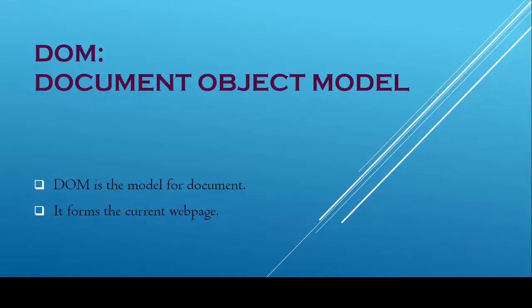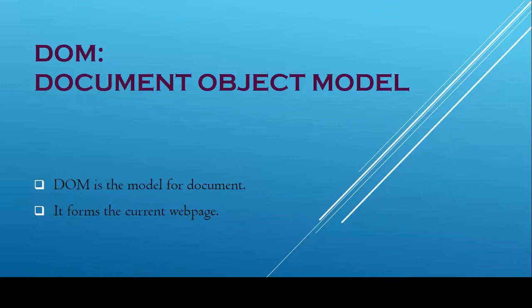Window is the top-level object in the BOM and it has a ton of properties and methods that can be used to interact with the browser and what it displays. The exception is document, one of the properties in the window object, which contains the current HTML document.